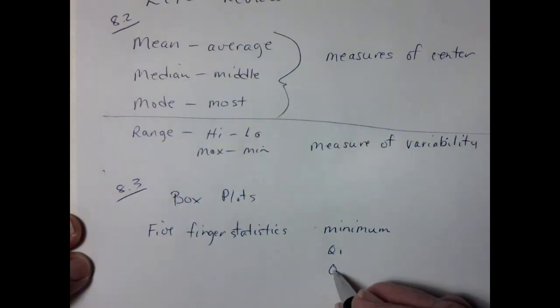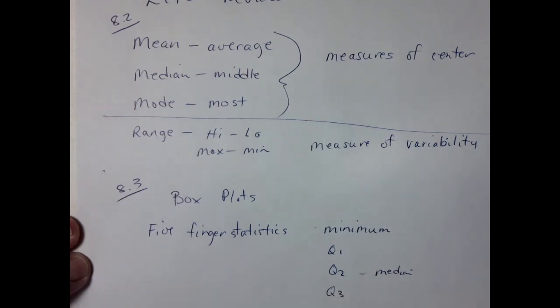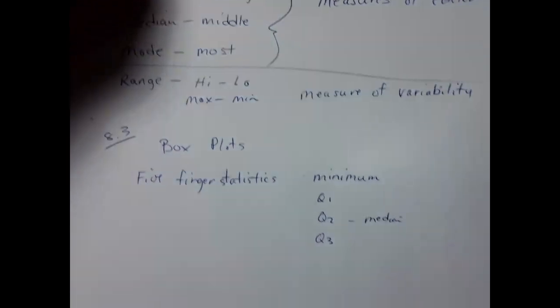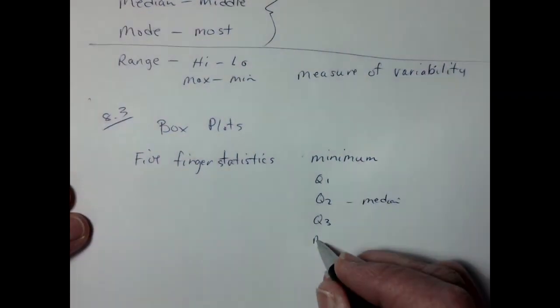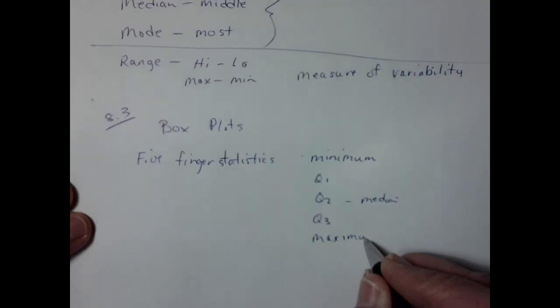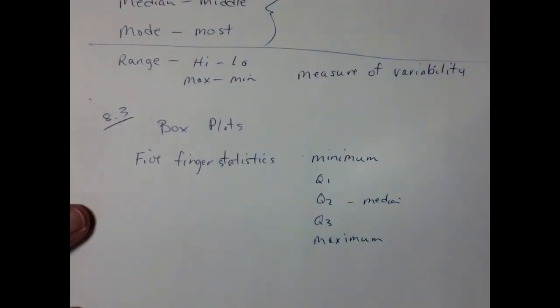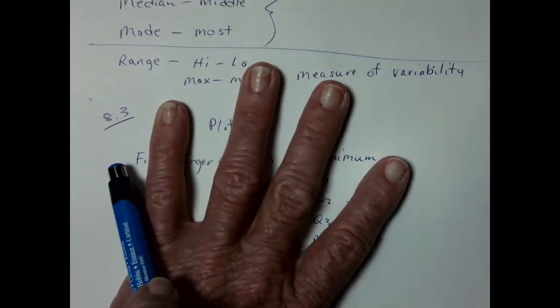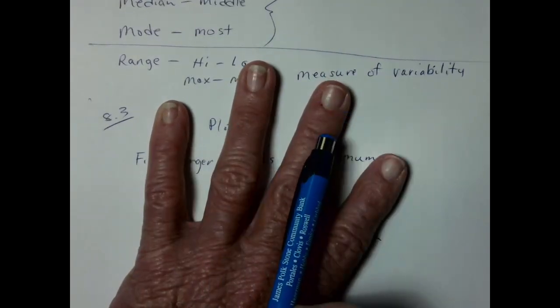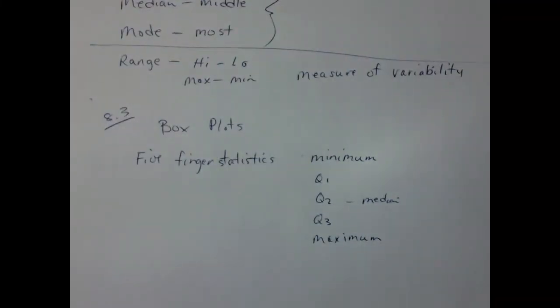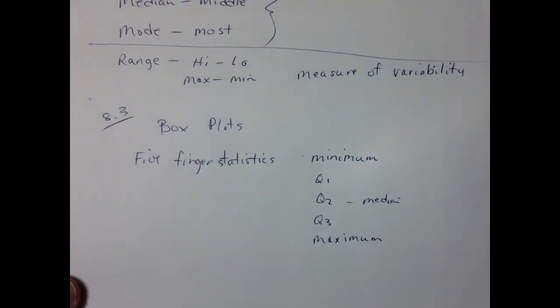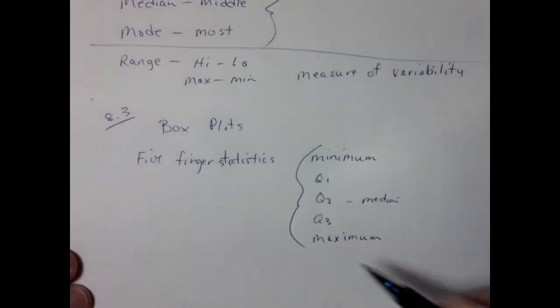We have to have Q2, which is known as the median. We have to have Q3, which is quartile 3. And we have to have a maximum. And we learn that with our fingers. We have to have a minimum, Q1, Q2 or median, Q3, and maximum. Okay, so there you have that. And this is called the 5-finger statistics.